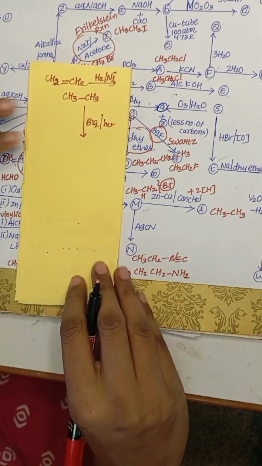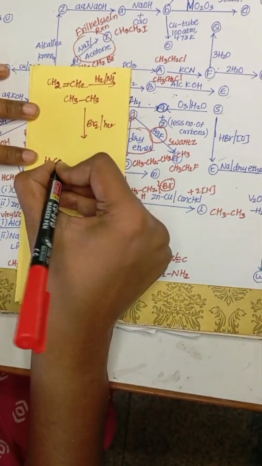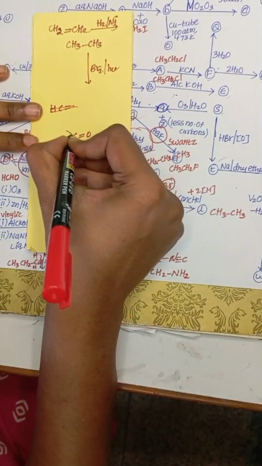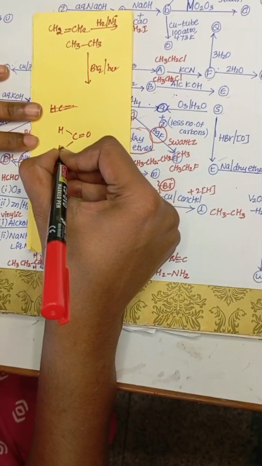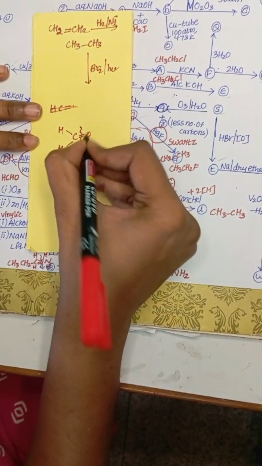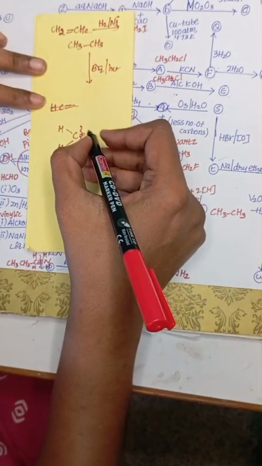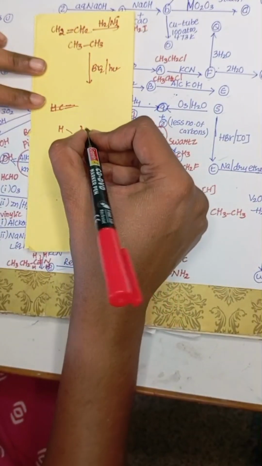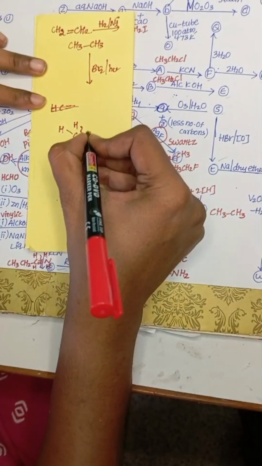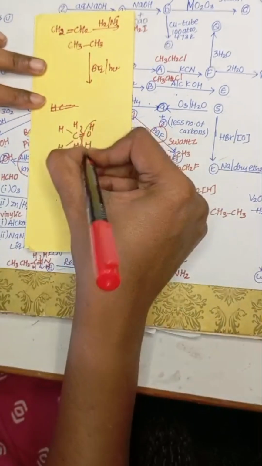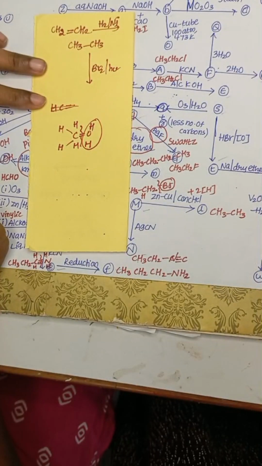When formaldehyde is treated with amalgamated zinc in presence of concentrated HCl, it forms methane.